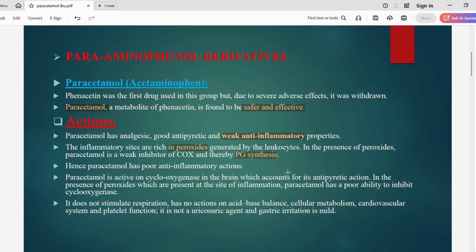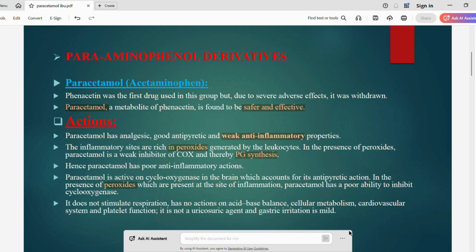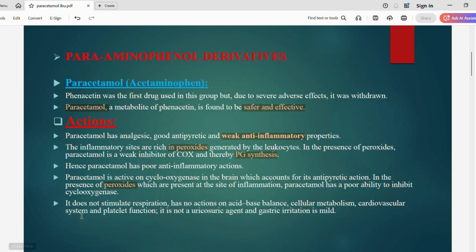As I have already explained, due to peroxides it has a decreased activity to inhibit the cyclooxygenase. So this is about it.